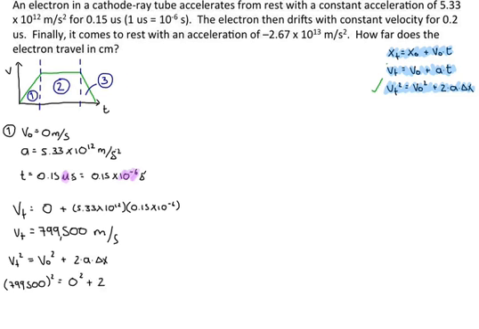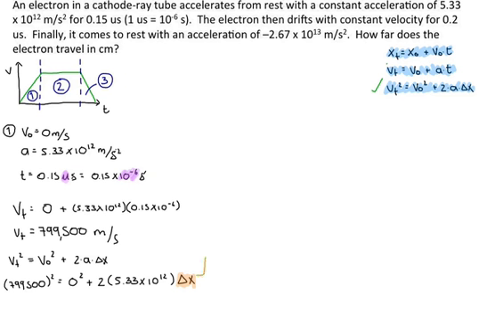Plus 2 times the acceleration which is 5.33 times 10 to the power 12 meters per second squared, times the displacement, which is the one that we are trying to find. So let me keep going right here.